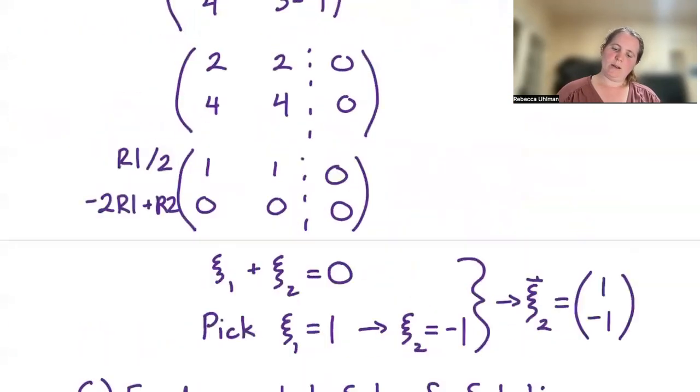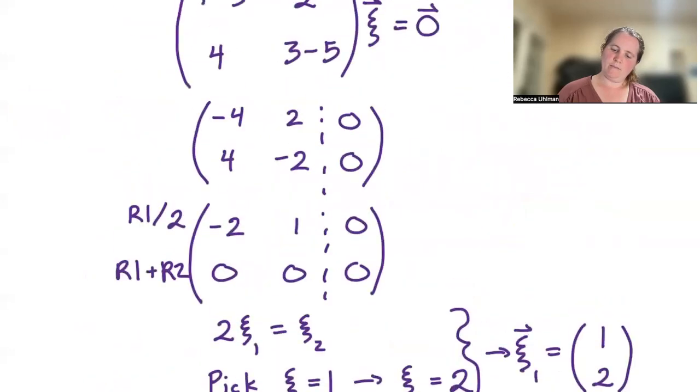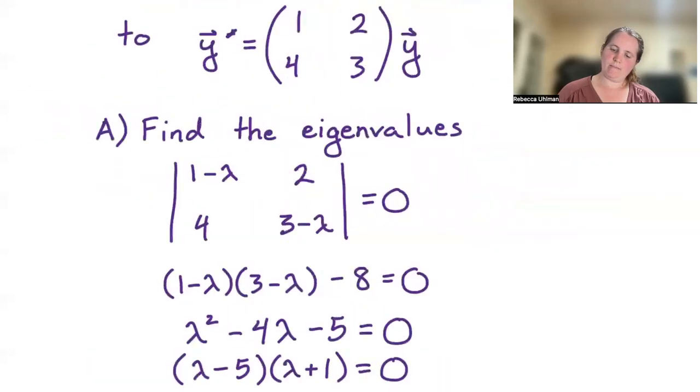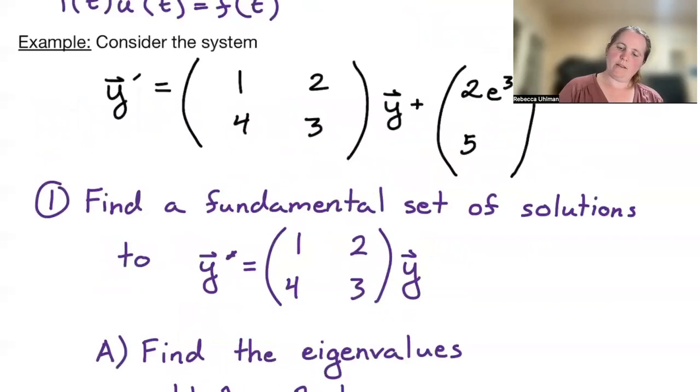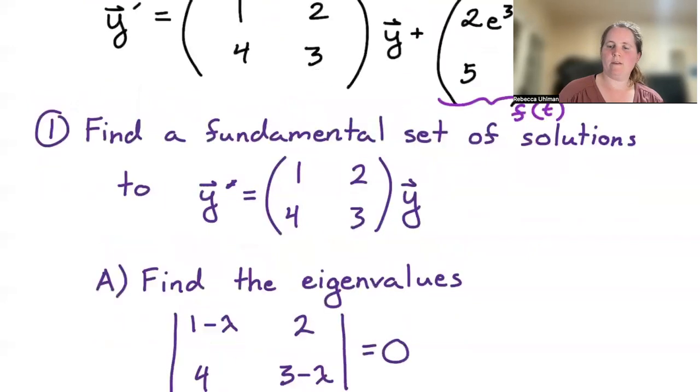So if we scroll back to the beginning, this 2e to the 3t, and then 5, this is our f of t.